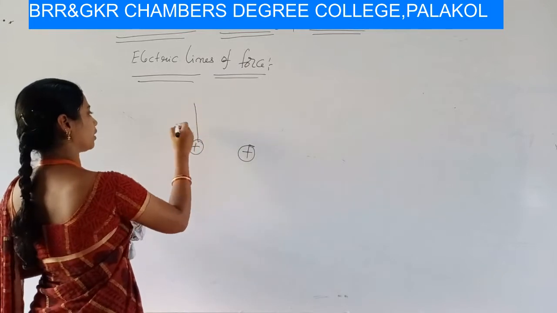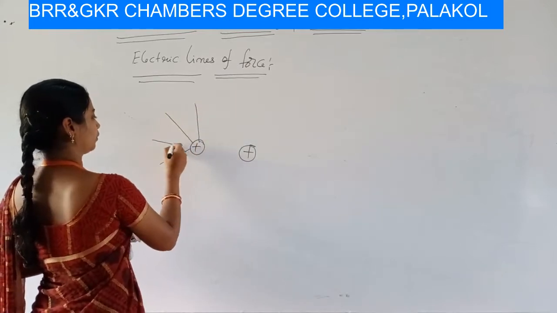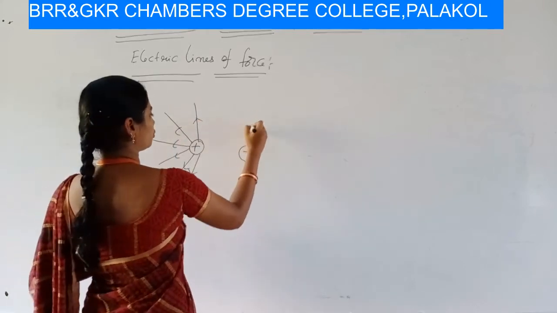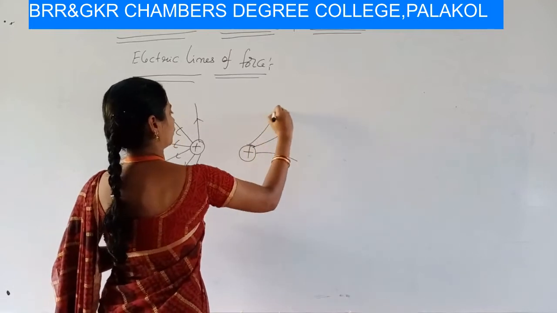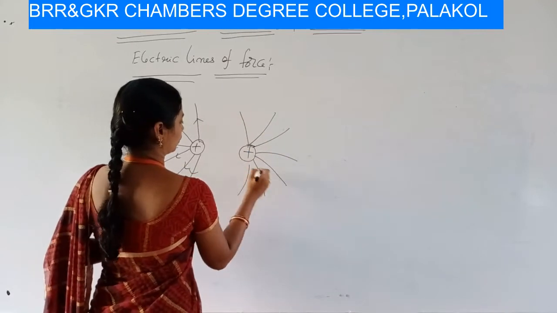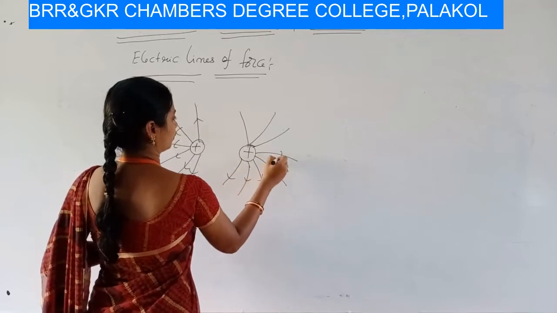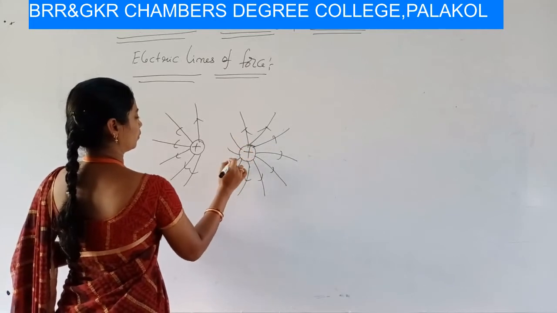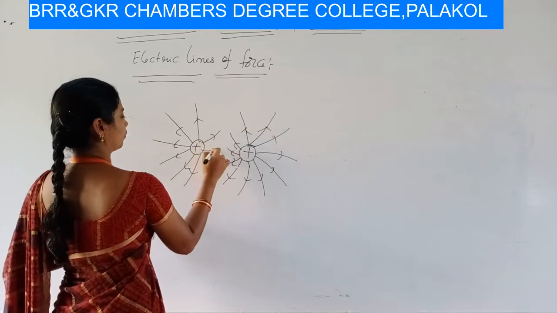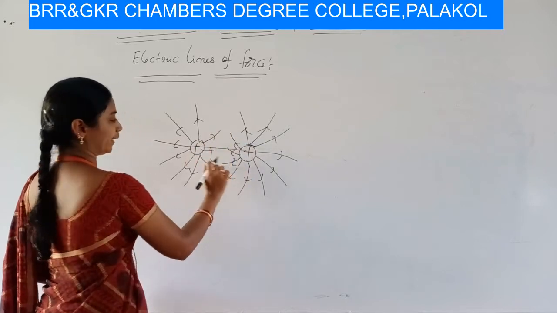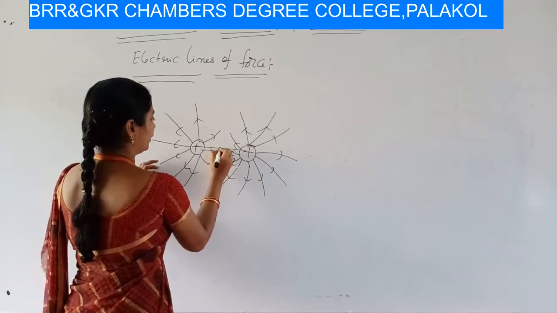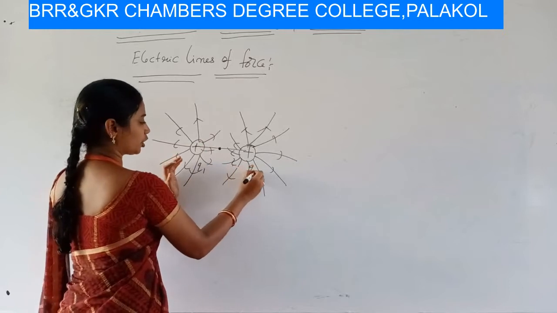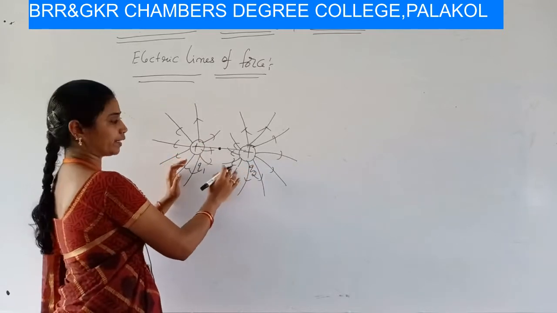The electric lines of force are moving away from this positive charge, but the line joining the two positive charges, the electric lines of force by Q1 and another charge Q2 are equal and opposite.